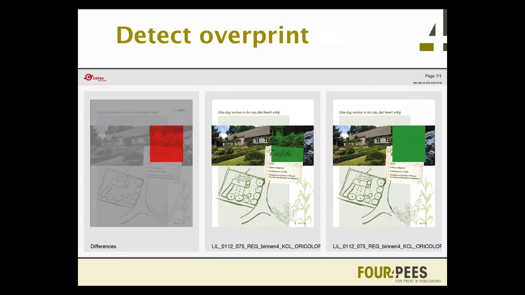And that's what we did for the Sonoma test. We actually ran a preflight profile that switched off overprint in all of these files, and then we did a visual comparison between the before and the after image, which shows you that in most cases it's simply the font or the text that are set to overprint, and it's not a problem.